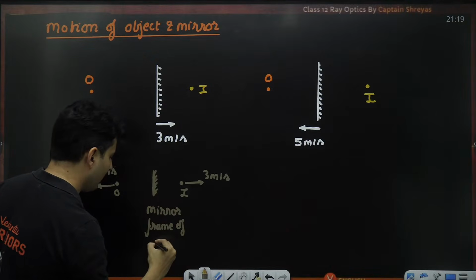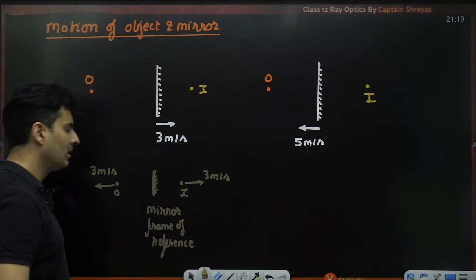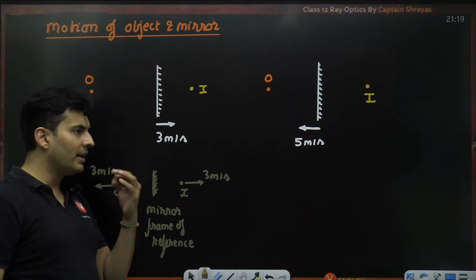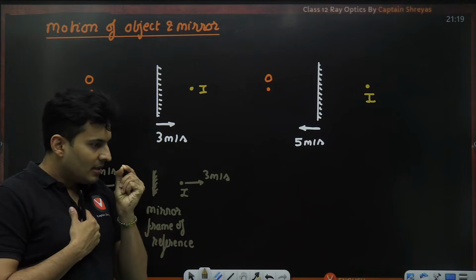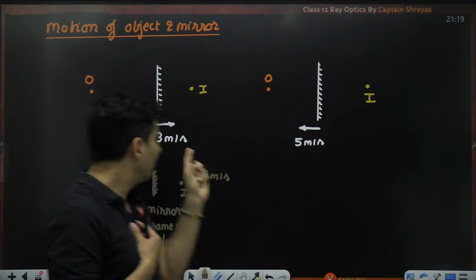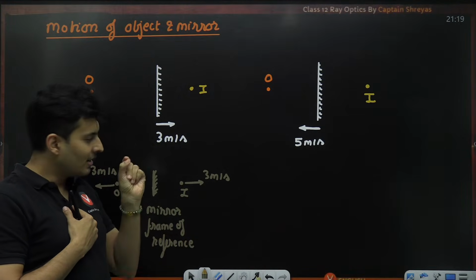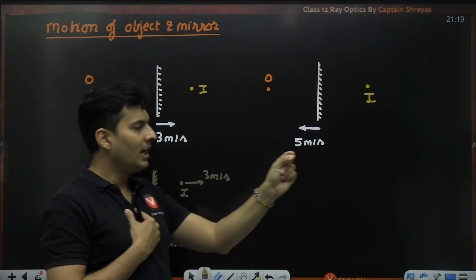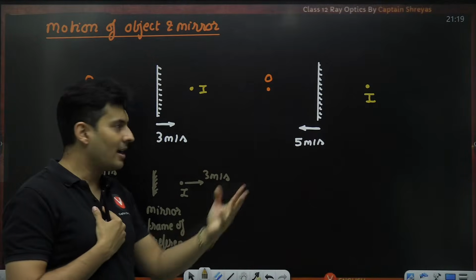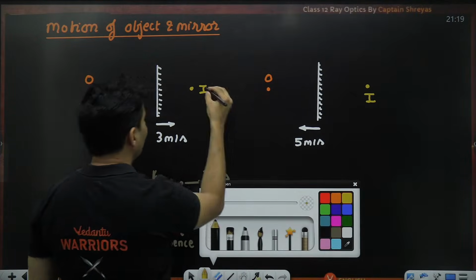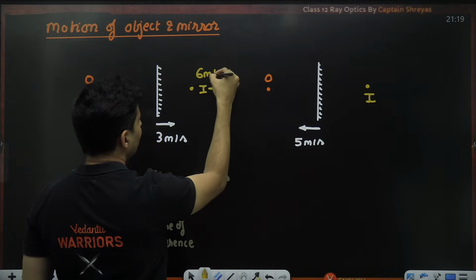So for the mirror, the image is moving 3 meters per second. But do not forget, the mirror itself is moving at 3 meters per second. So for the mirror, the image is going at 3 and the mirror is also going at 3. So both the speeds will add up and you will end up seeing a net speed of 6 meters per second.